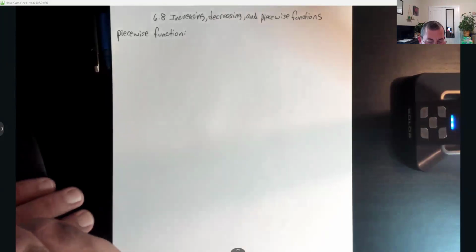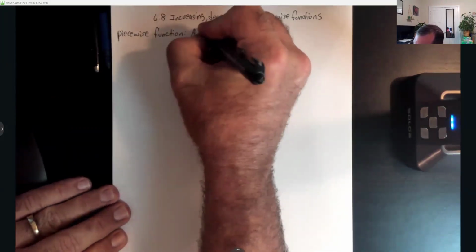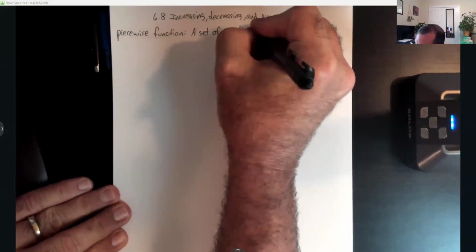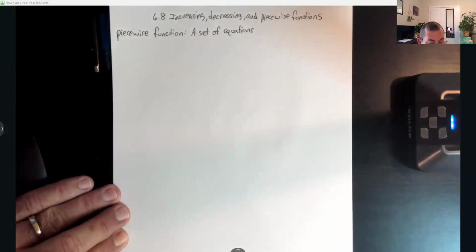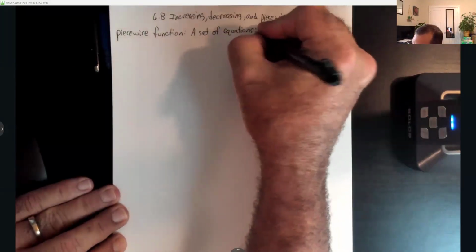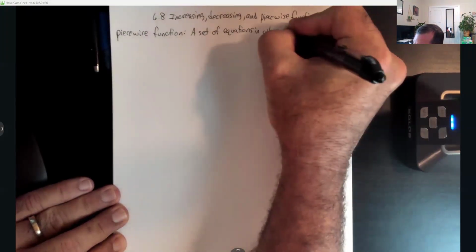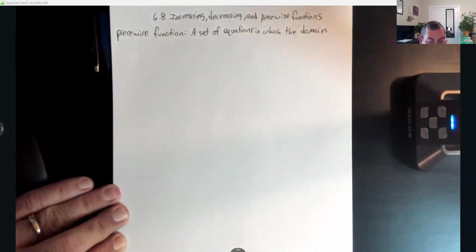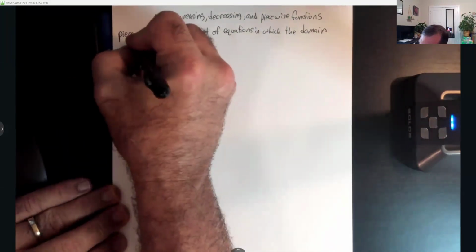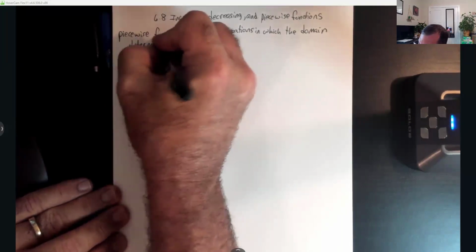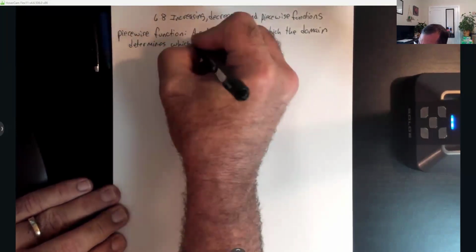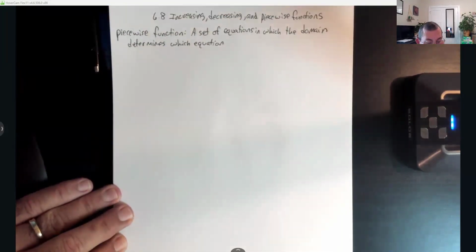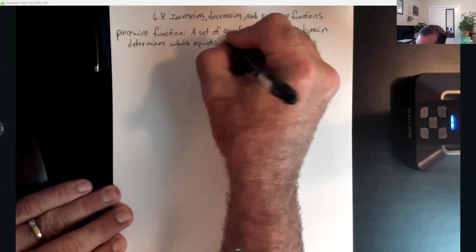A piecewise function is a set of equations in which the domain determines which equation is used to find the function value.